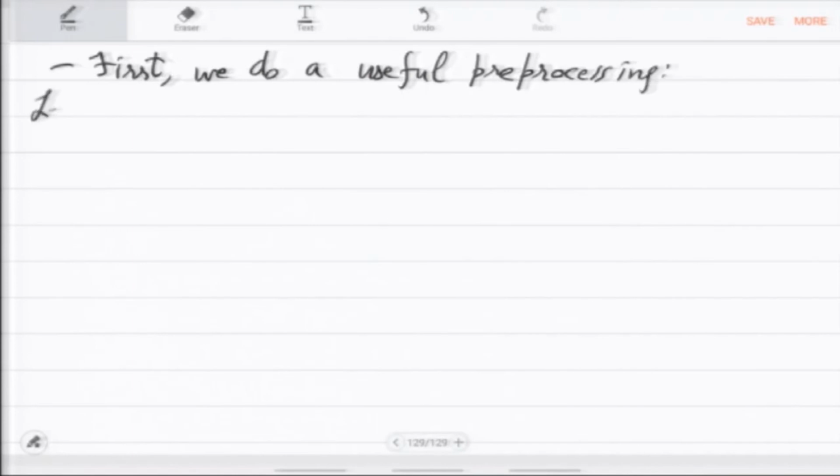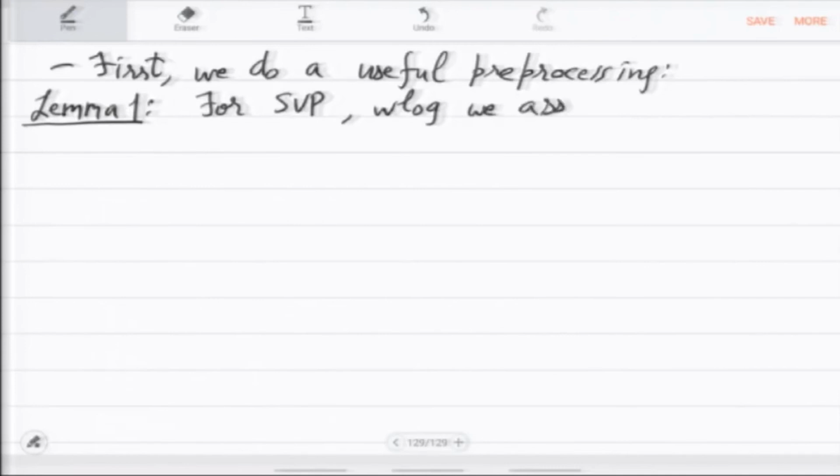Lemma 1, the first lemma that we will show is: without loss of generality, we assume that the given vectors, which were B1 to Bm, till now we haven't said anything about them except that they lie in this ambient space Z to the n.